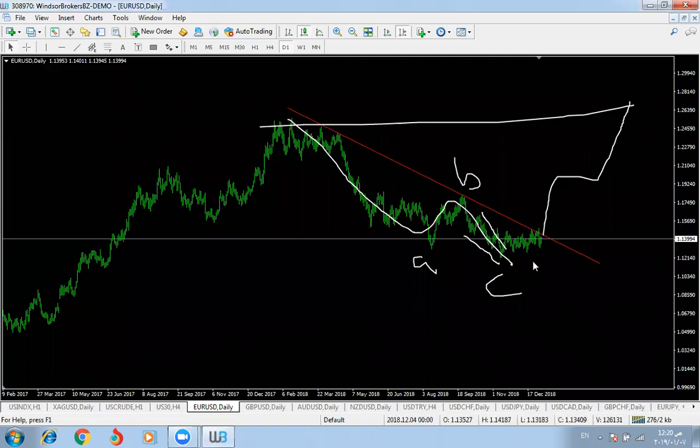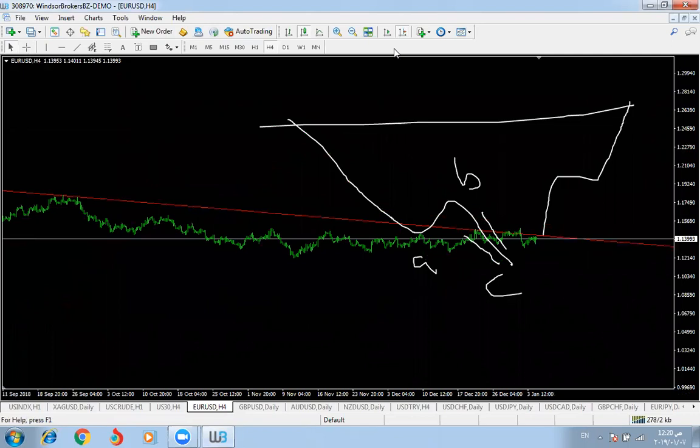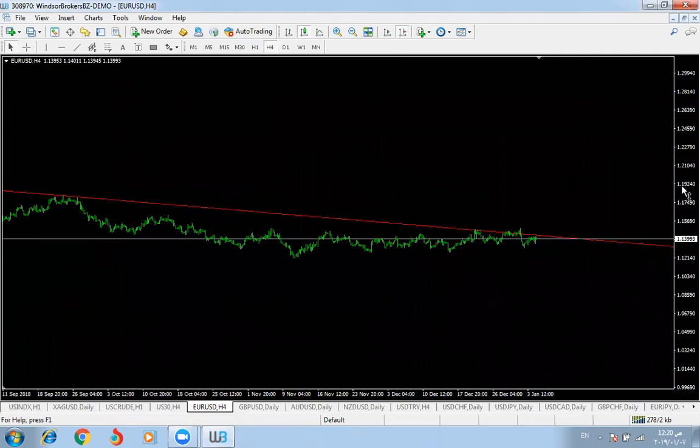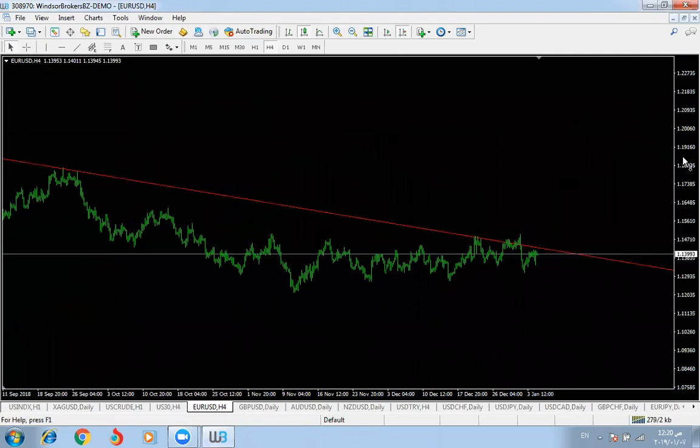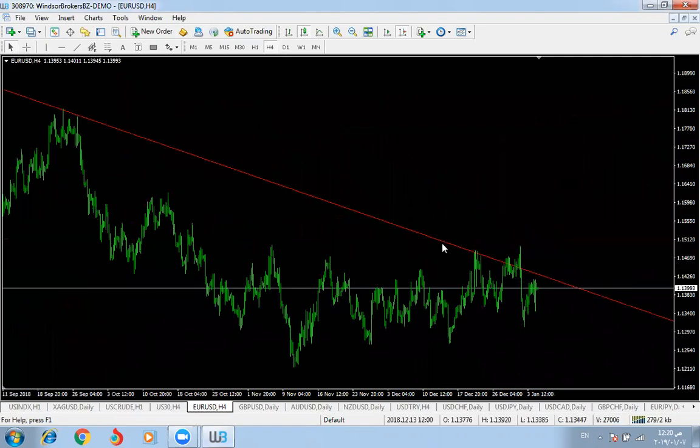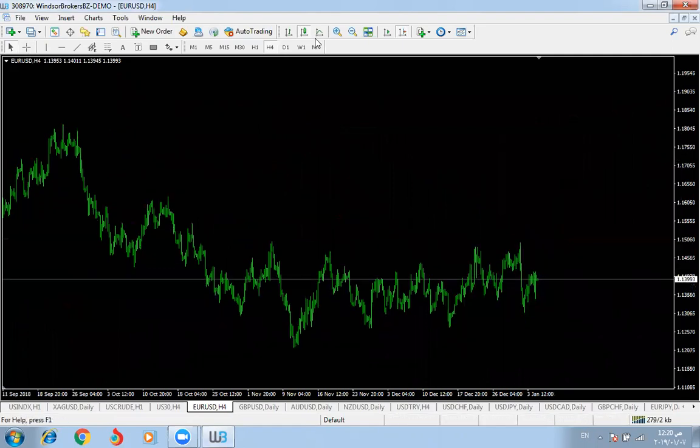So our next movement to the upside, as you see, if we go to the 1-hour time frame or 4-hour time frame, we have a very nice entry point right there. This is our first impulse to the upside. This is the second impulse.